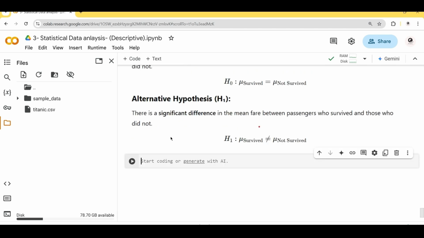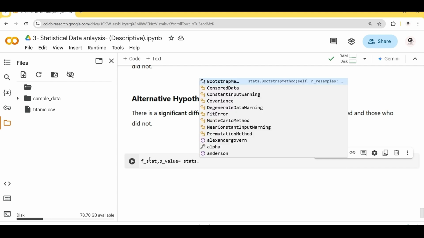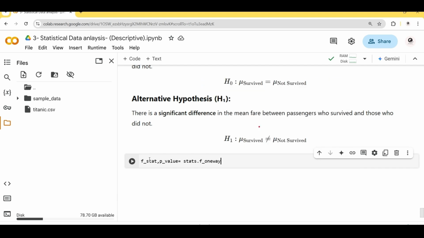Here I am going to initialize two variables. The first variable name is F statistic. Second is my P value. And here I am going to call my stats module, and then we are going to perform a one way F test. So I am writing f_oneway.